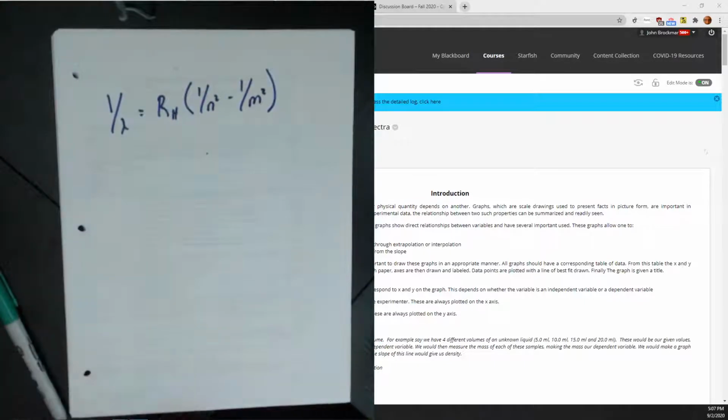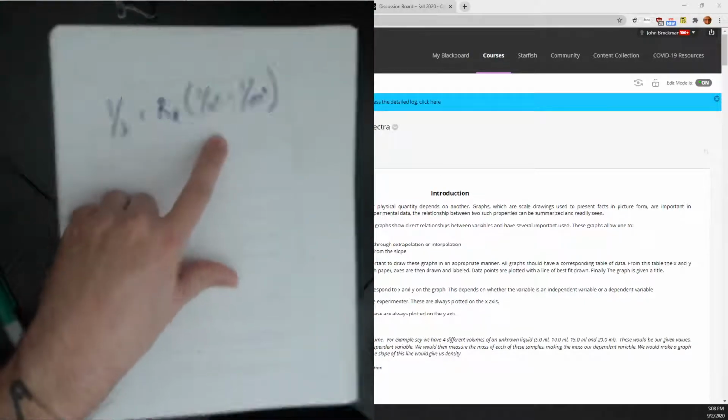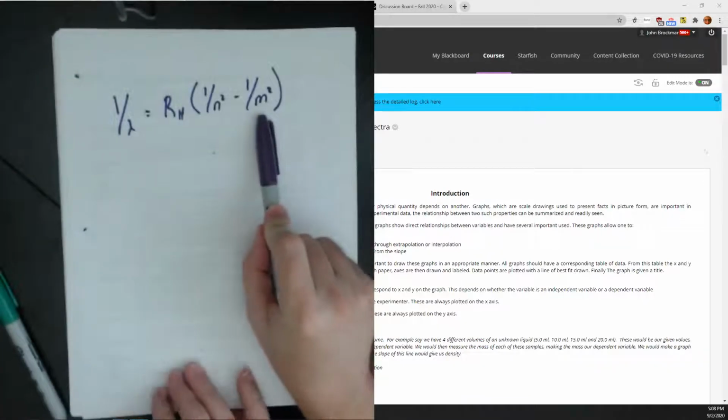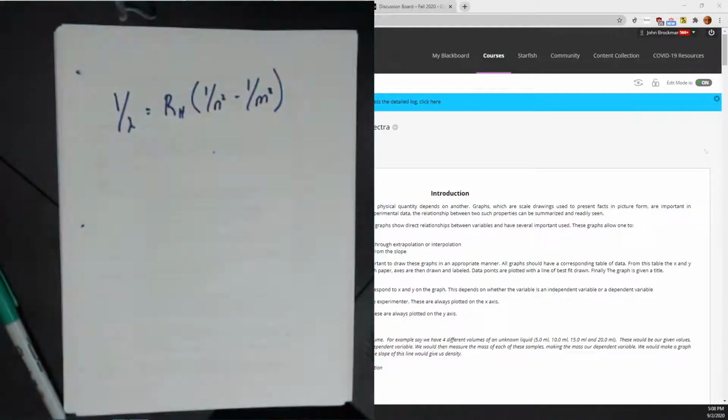All right. So 1 over the wavelength is equal to this constant times 1 over n squared minus 1 over m squared. This is not the m of the slope. Okay? This is a completely separate thing. So the Rydberg equation describes the lines you see in the emission spectrum of hydrogen.